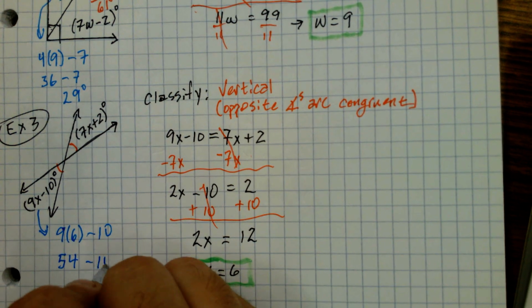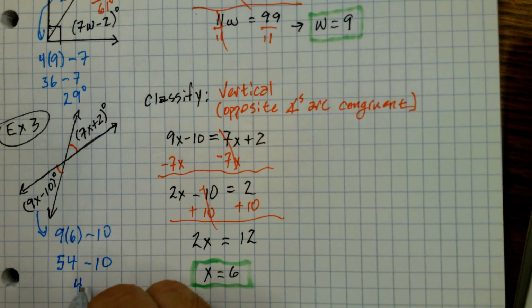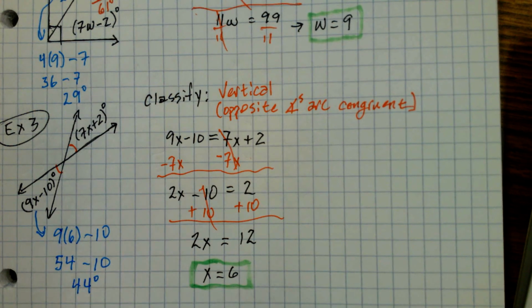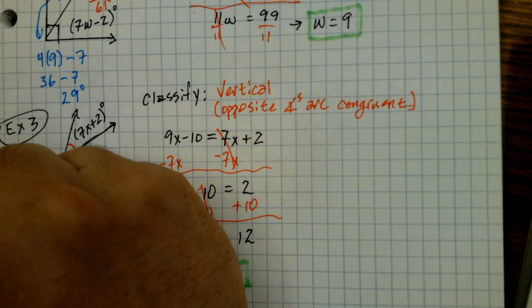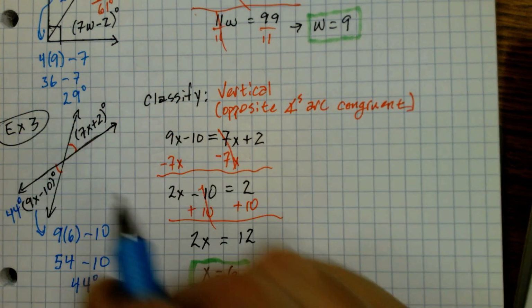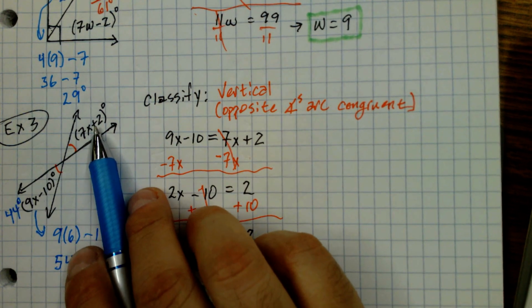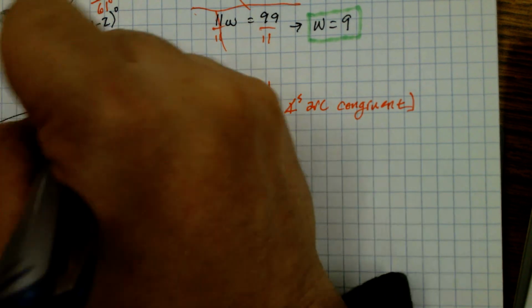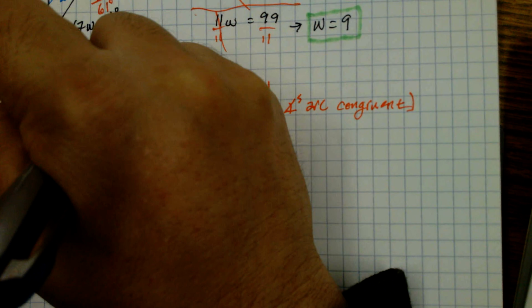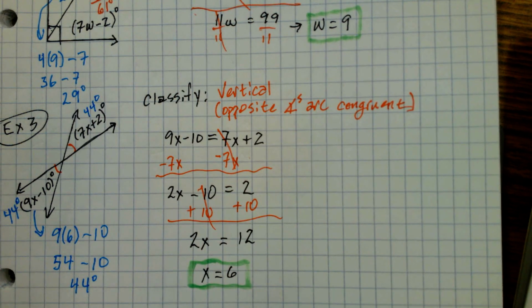And then take away 10 makes it 44 degrees. So this is 44 degrees. We know that now. What's this other angle going to be? Leah, look up here. It has to be the same. It has to also be 44. Okay. So this is 44.